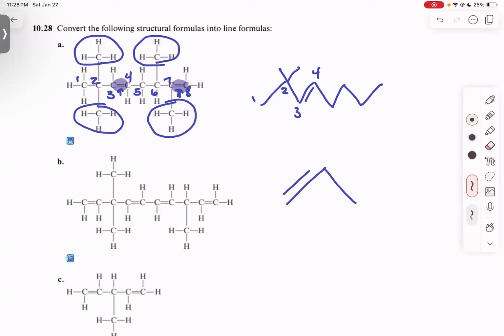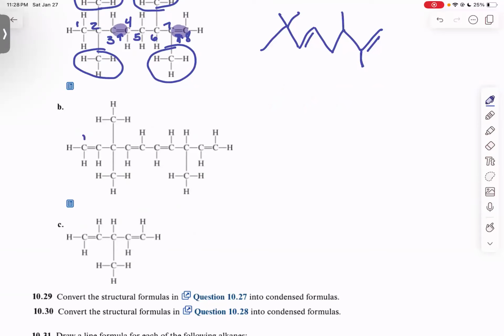And if you had a triple bond, you would have the 3. Okay. So where do we stop at? 4, 5, doesn't have anything. Now 6 has a methyl group. 7 has a methyl group. And then between 7 and 8 is a double bond. And then just don't forget to go back and remove those numbers. And that's your final drawing.